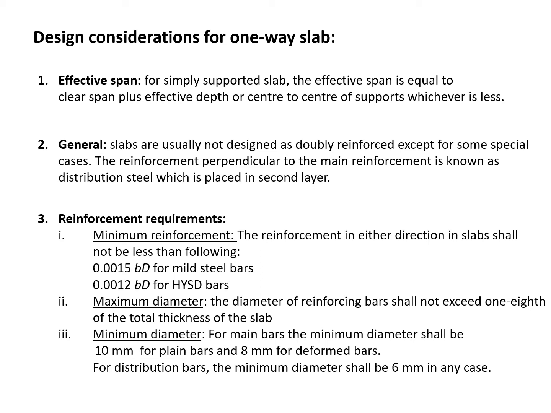Then minimum diameter for main bars, if it is plain it is 10 mm, and if it is tor it is 8 mm, and for distribution bars minimum diameter is 6 mm in any case. Distribution steel is only for tying, you see, so no design requirement is there. So they said that at least you should have 6 mm. These are all coded requirements.